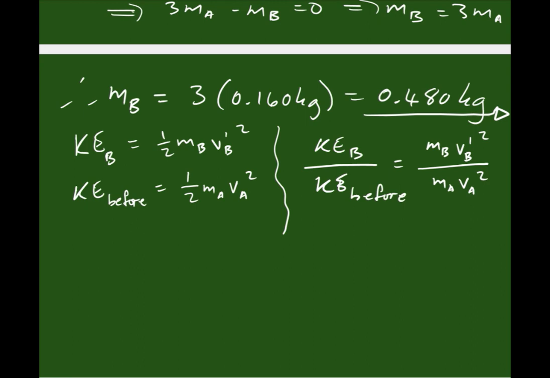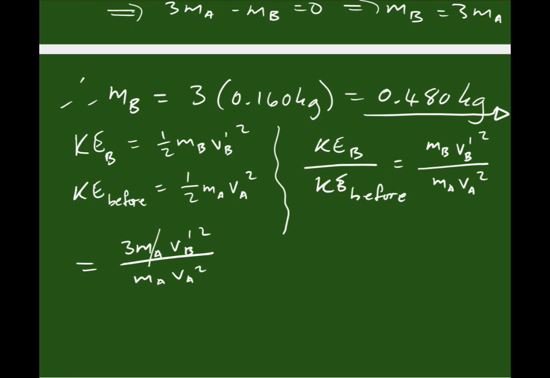Now we know that MB is 3 times MA, so this is equal to 3 times MA VB prime squared over MA VA squared.